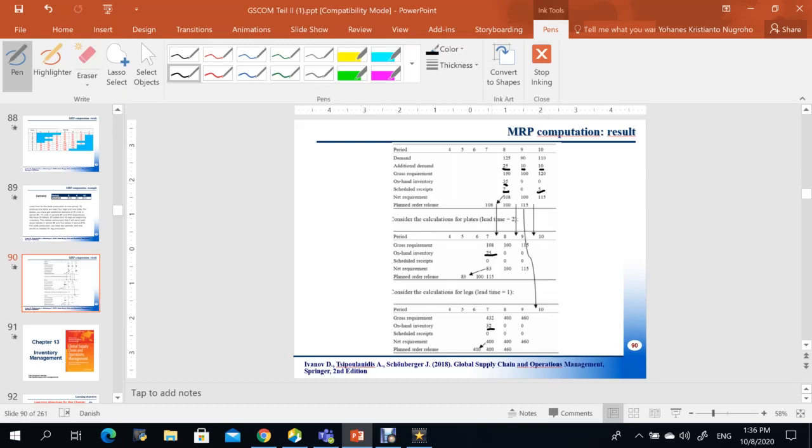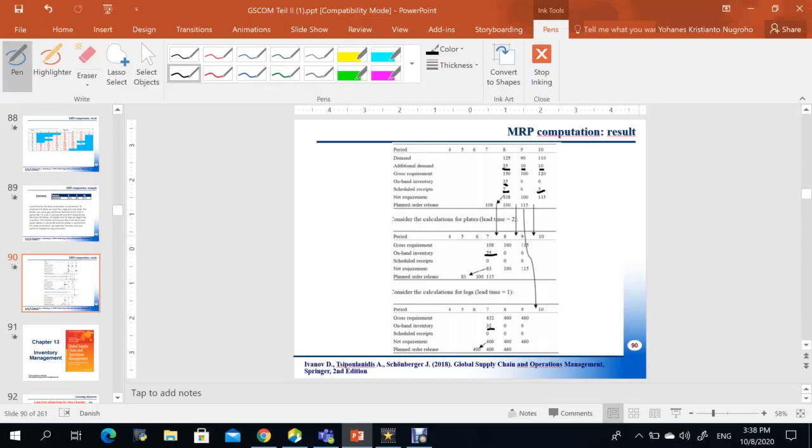Because we have on-hand inventory and scheduled receipt of 7, the net requirement equals 150 minus 35, that is 115, minus 7. So we have 108 net requirement, meaning that we have to manufacture 108 pieces of tables. Similarly for months 9 and 10.